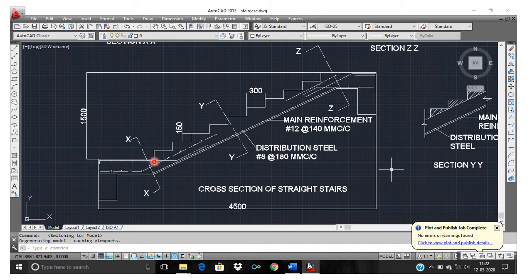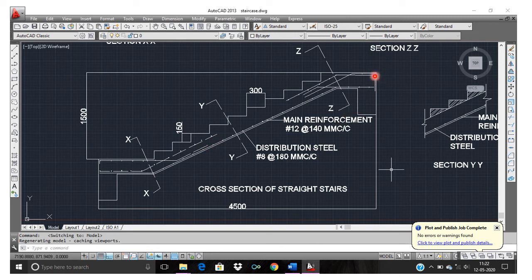Now, if you project that into the staircase, from here to here, whatever you provide is the development length. In this development length, this will be your main reinforcement, and above that you provide the distribution reinforcement. Here this will be main with the distribution below, but from here to here the distribution will be above.